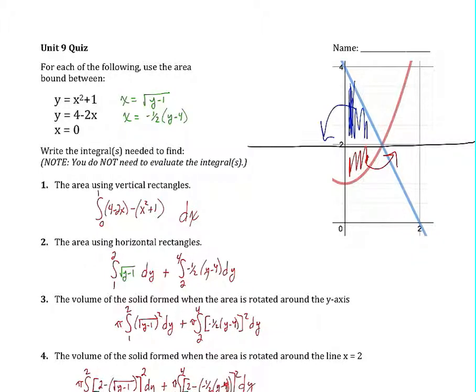And if you look carefully at the blue function, after we've rotated this area here 180 degrees around, it'll be down here. And what you should notice is that the blue area completely covers the red area. So when we're figuring out the volume, the red area is irrelevant. It's tucked inside of the rotated blue area.